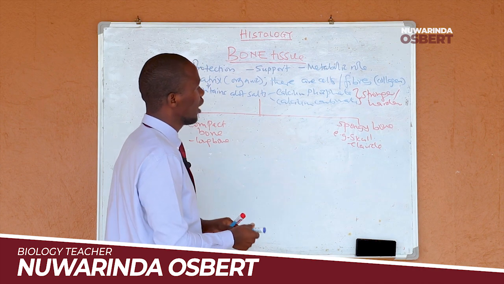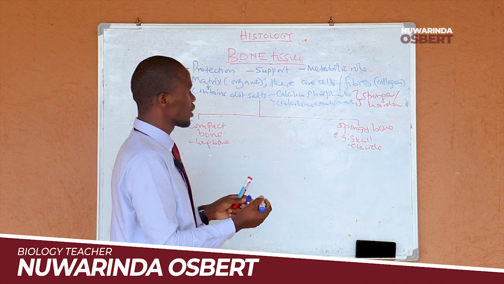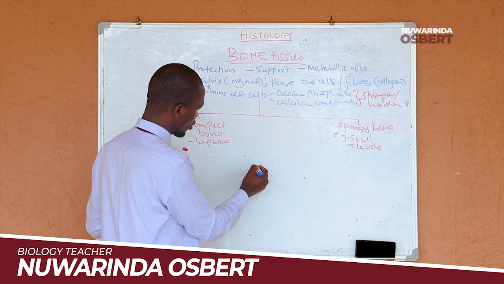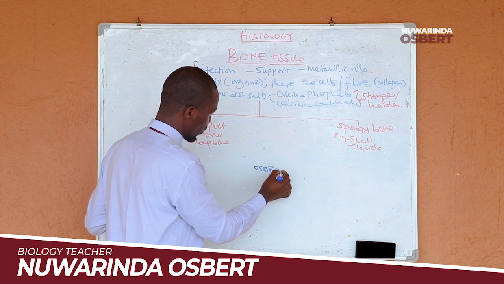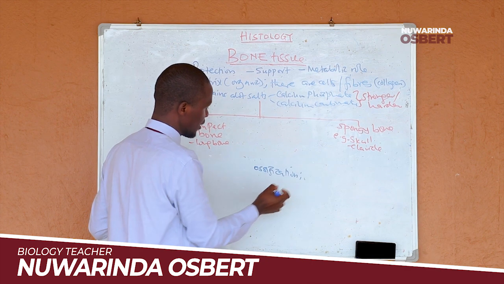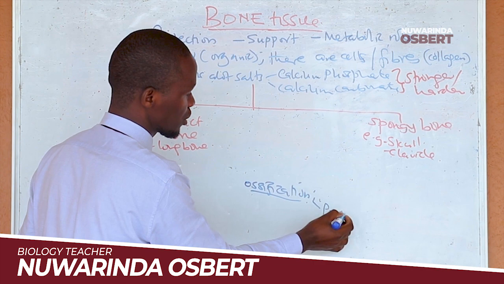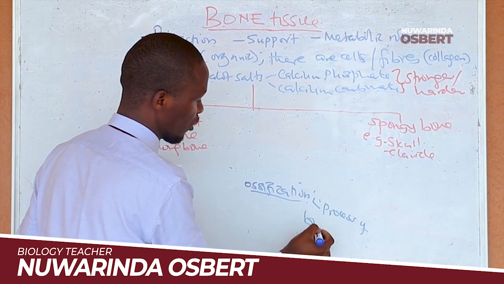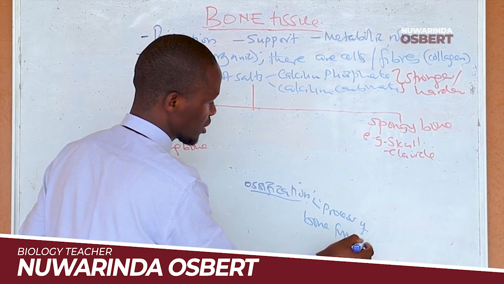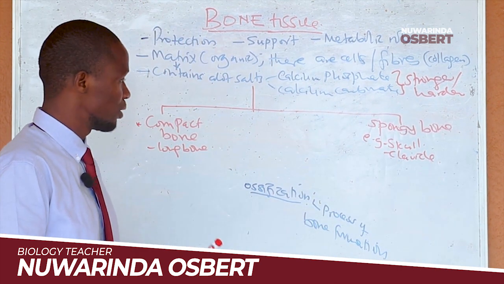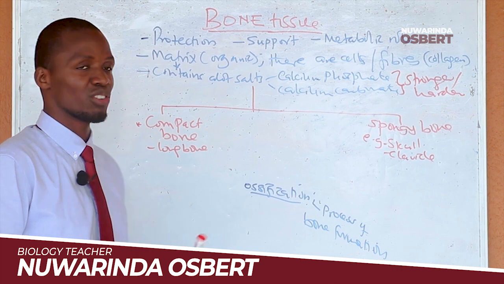For example, the process by which bones are formed is called ossification. So when you hear the word ossification somewhere, it is referring to the process of bone formation. Now, the way a spongy bone is formed and the way a compact bone is formed is not the same.